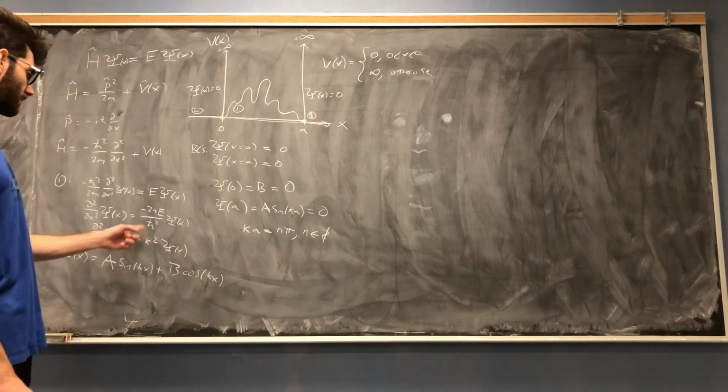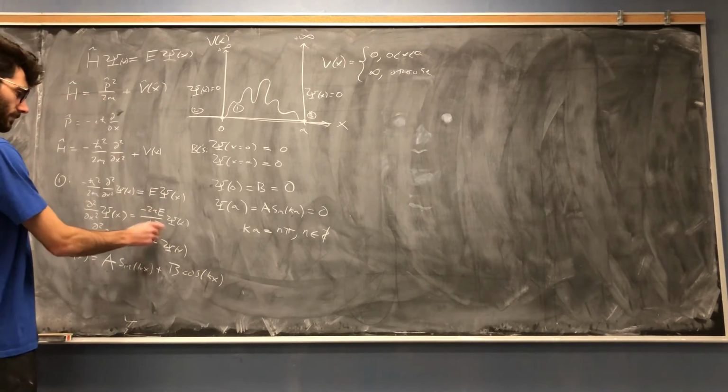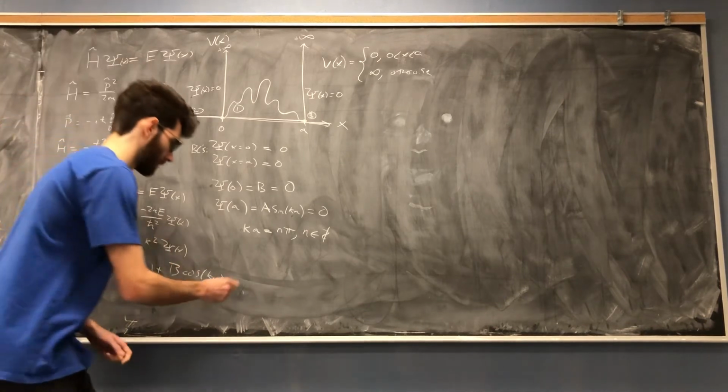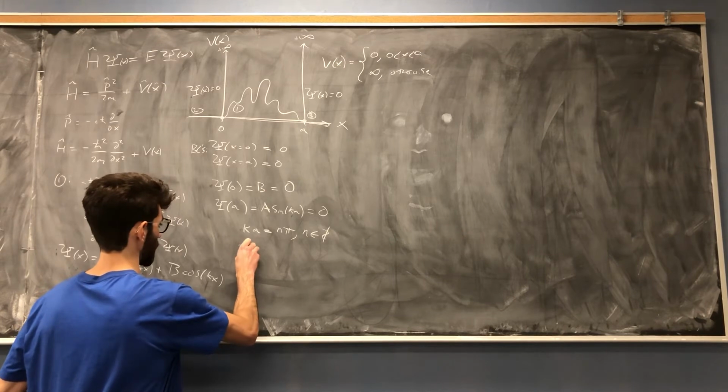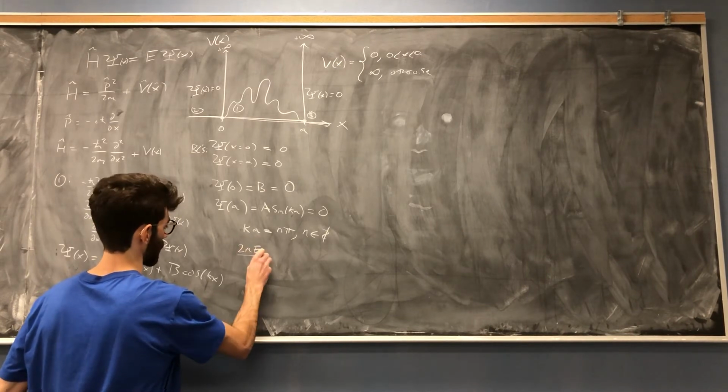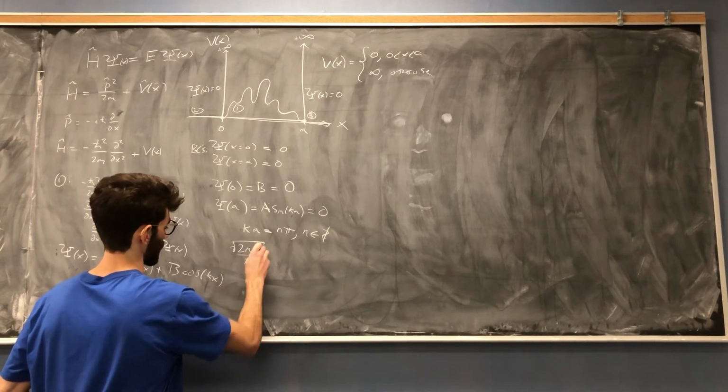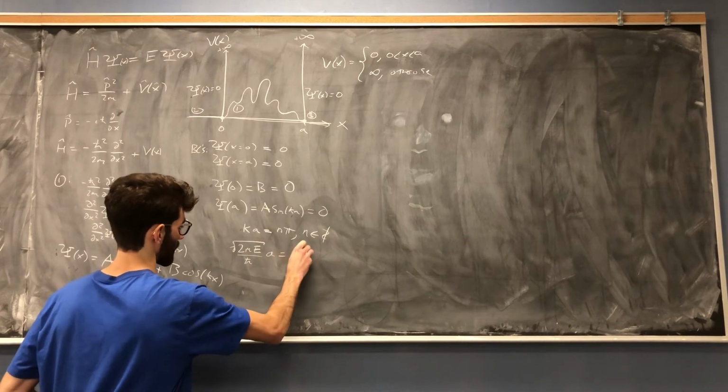So if I substitute back in my expression for k, I have square root of 2mE over h bar, that's k, times a is n pi.